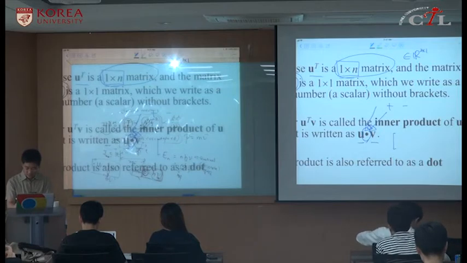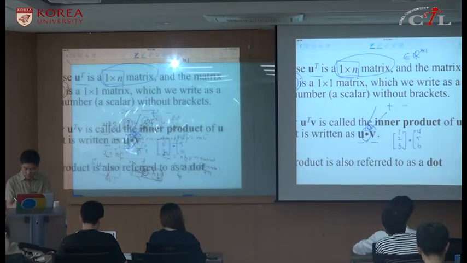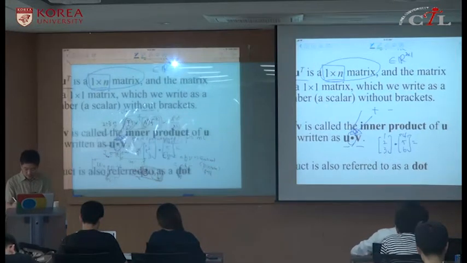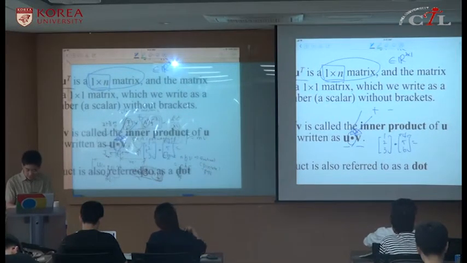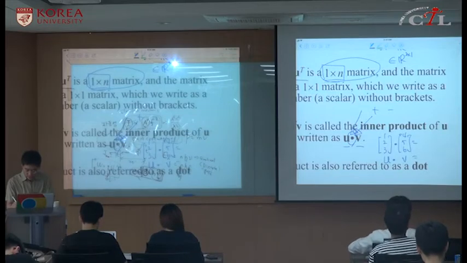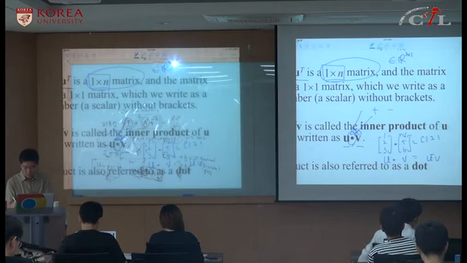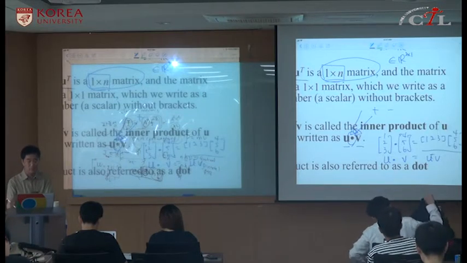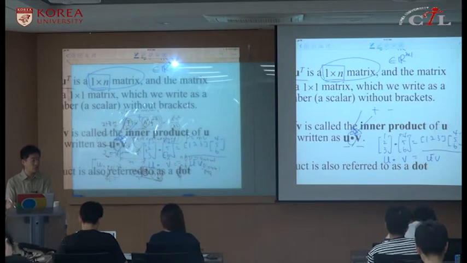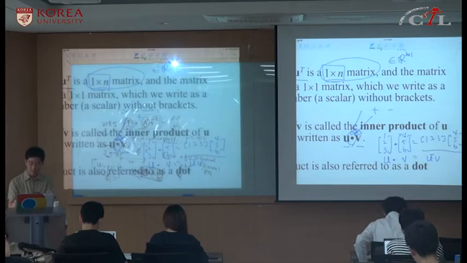So it's like this: (1, 2, 3) dot (4, 5, 6), where this is U and V, is the same as U transpose V, and thus 1, 2, 3 and 4, 5, 6. This is just a matrix multiplication between this row vector on the left and the column vector on the right.